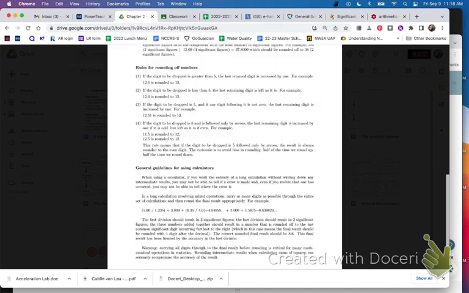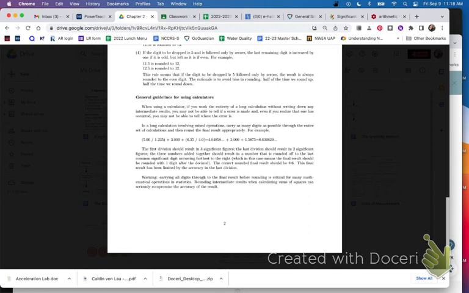Before we sort of finish up for today, a word of caution about using a calculator. As you know, I'm not going to tell you you can't use a calculator, because I care about your ability to work a problem, not your ability to do long division in your head. So I'm okay with you using a calculator. I just want to caution you that calculators don't factor significant figures in for you.